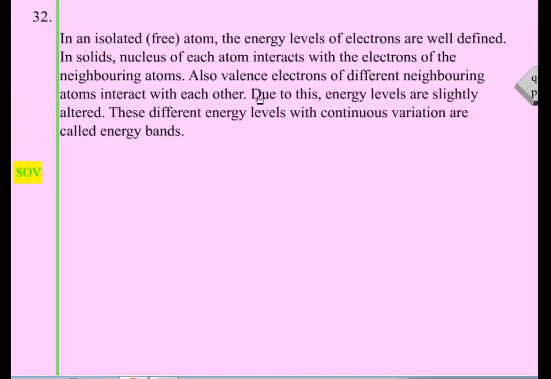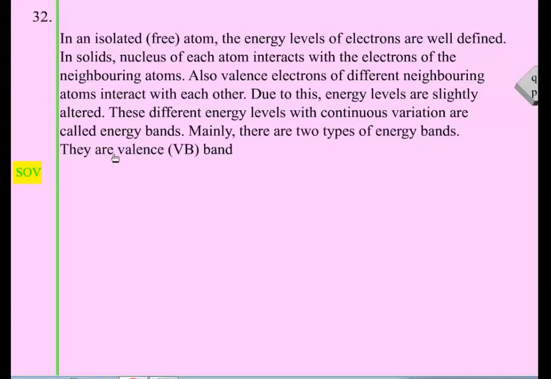Due to this, energy levels are slightly altered. These different energy levels with continuous variation are called energy bands. Mainly there are two types of energy bands: valence band and conduction band. So this is the formation of energy band. For this, it carries 1 mark.